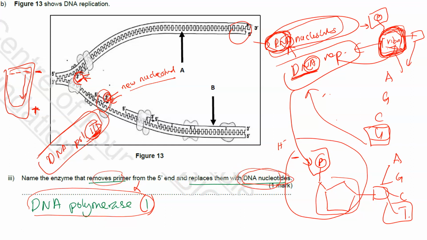So you have to know all the enzymes that are required during DNA replication. Okay, you have to know all the enzymes starting from helicase, and then you have topoisomerase, and then you have single strand binding protein, and then you have primase, you have DNA ligase, DNA polymerase 1, polymerase 3. You have to know all these enzymes. You have to know the function of each one.